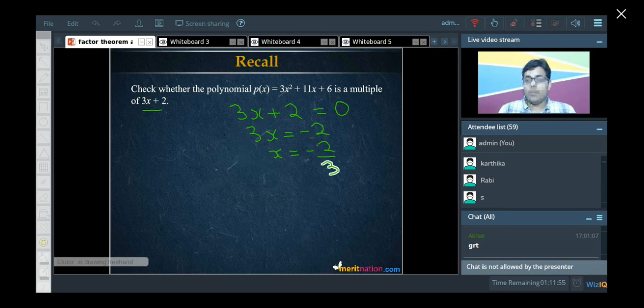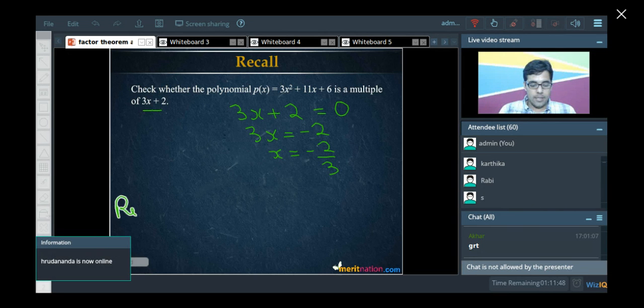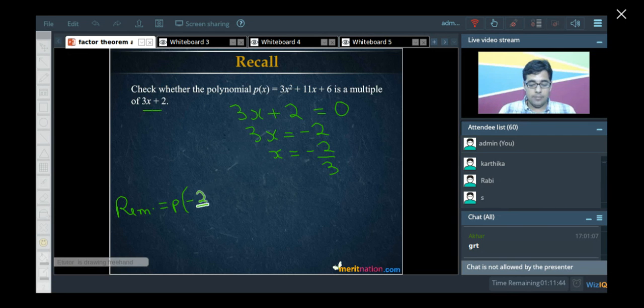So the remainder becomes P of minus 2 by 3. That becomes 3 multiplied by minus 2 by 3 whole square plus 11 multiplied by minus 2 by 3 plus 6.